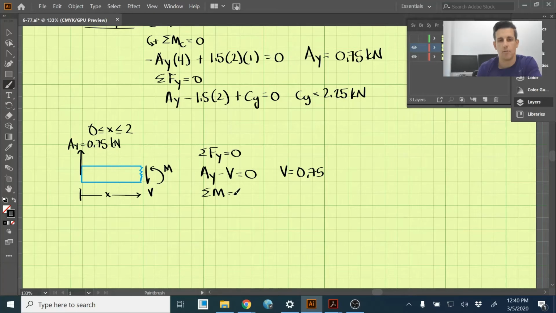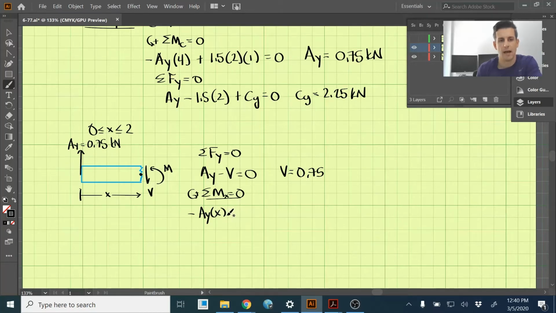Setting the sum of the moments equal to 0, we'll take the moments around x, and x is this point right here. So we have AY, which is going to create a clockwise moment, which will be negative AY, times the distance it's acting away, which is just x.